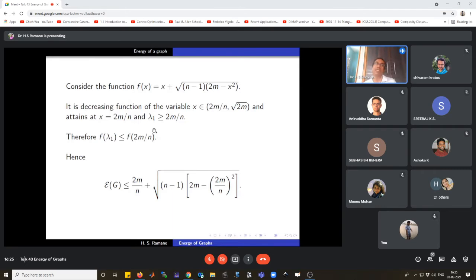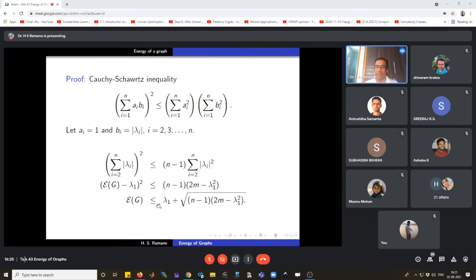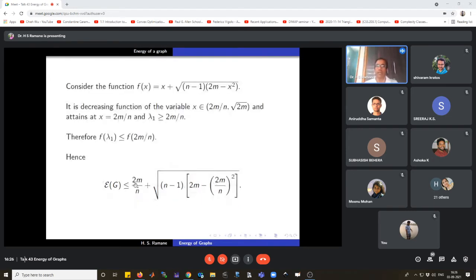The largest eigenvalue is always more than or equal to 2m by n. So f of lambda 1 is less than or equal to f of 2m by n. This right hand side is f of lambda 1. So the energy of G is less than or equal to f of lambda 1, that is less than or equal to f of 2m by n. So replace lambda 1 by 2m by n. We get the energy of G is less than or equal to 2m by n plus square root of n minus 1 into 2m minus 2m by n whole square.